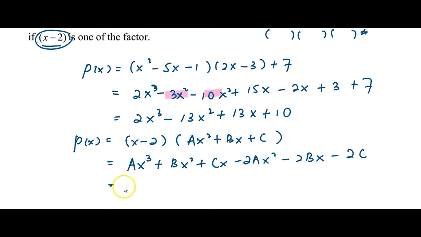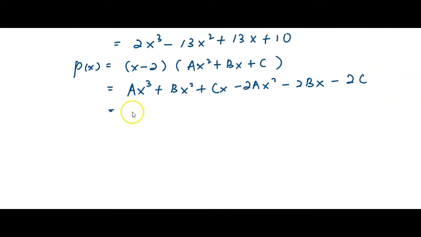Okay, so collecting all the like terms, again, the ax cubed is the only term with the x cubed. And the bx squared, where I'm going to combine these two terms and factor out the x squared, I will get b minus 2a multiplied by x squared. And then the x term is cx minus 2bx.